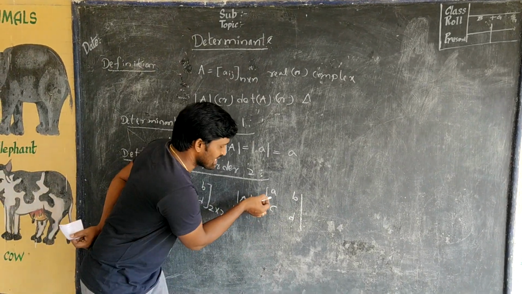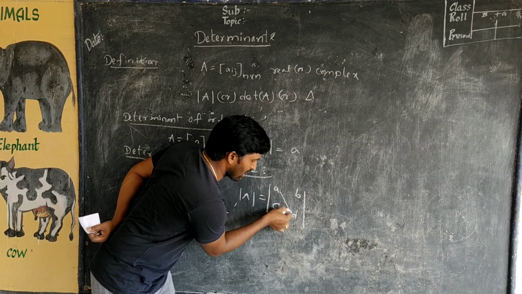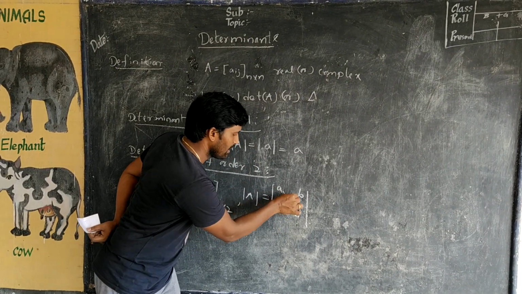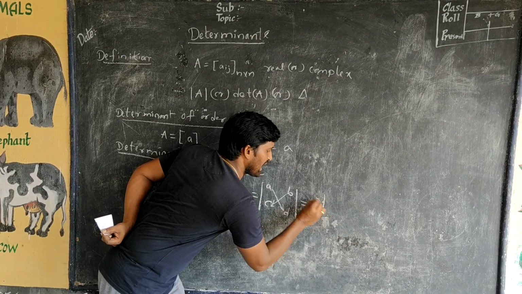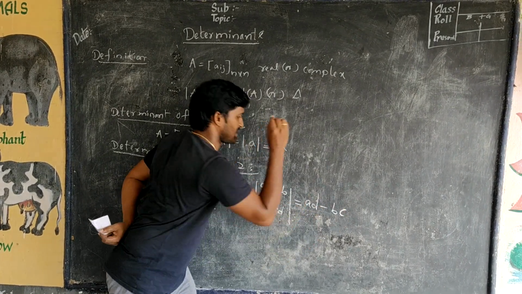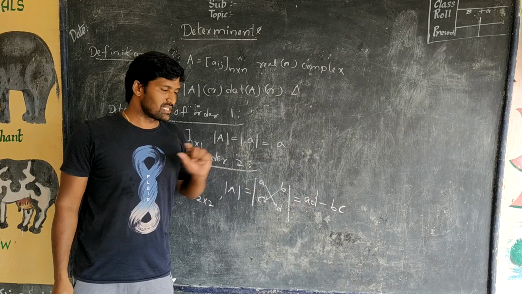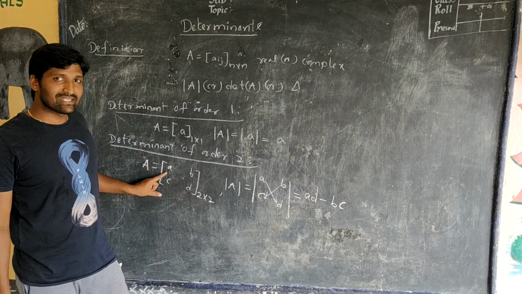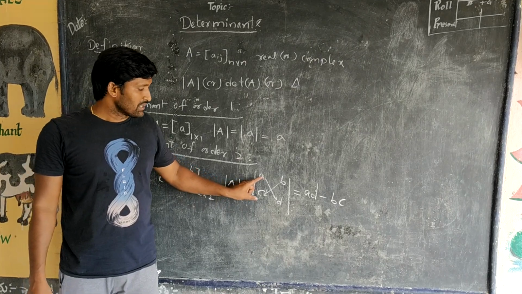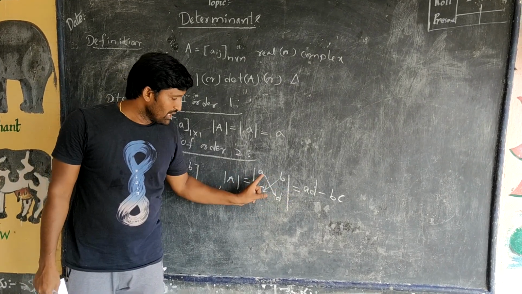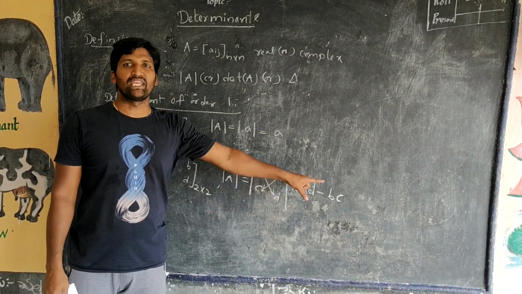We evaluate using cross multiplication: a into d minus b into c. That is, ad minus bc. So det A, the determinant of a, b, c, d, is equal to a into d minus b into c.